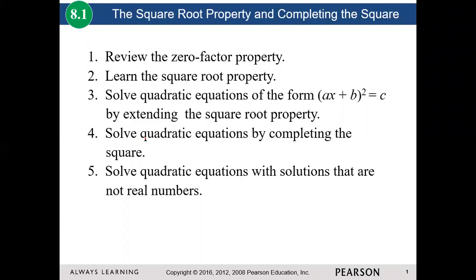And then we are going to solve equations by completing the square. Now, just so you know, this is my least favorite method of solving a quadratic. There are pretty much three unique methods that we can use. One is the zero factor property. That only works if it's factorable.